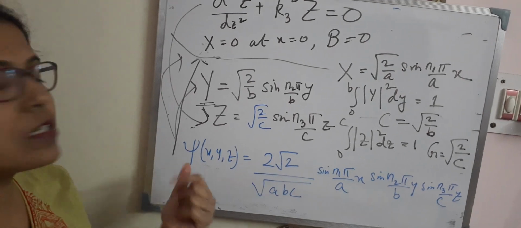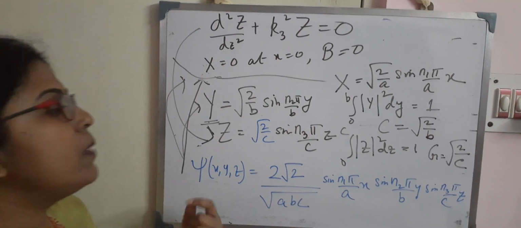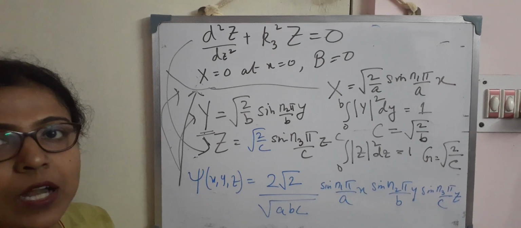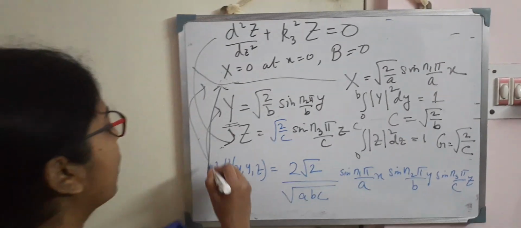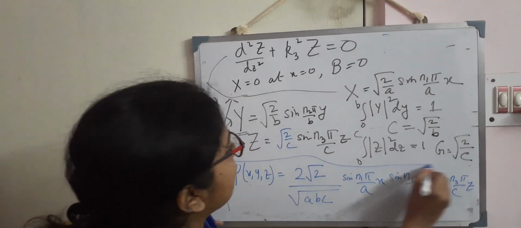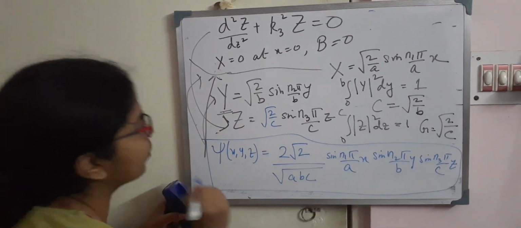Any one being 0 turns this function to be 0. So the minimum value of n1, n2, n3 has to start with 1, then 1, 2, 3, 4 and so on. So this is a solution of the time independent Schrodinger equation.